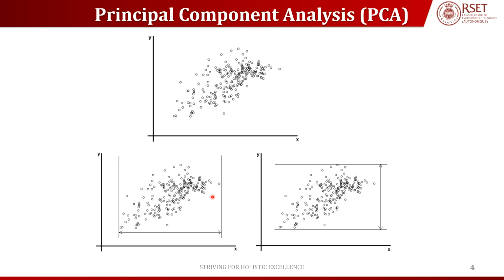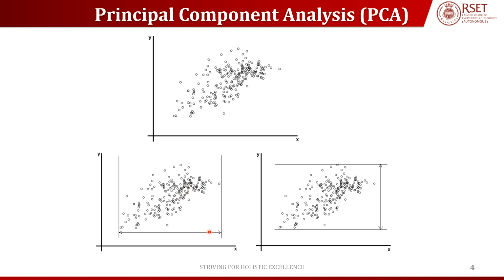So here you can see some visualizations. You can visualize the problem PCA is solving. On the top graph, you see our original data, which is plotted in 2 dimensions, X and Y. Notice how the data points are scattered over here. And the bottom 2 graphs show the total variance along the 2 original axes.